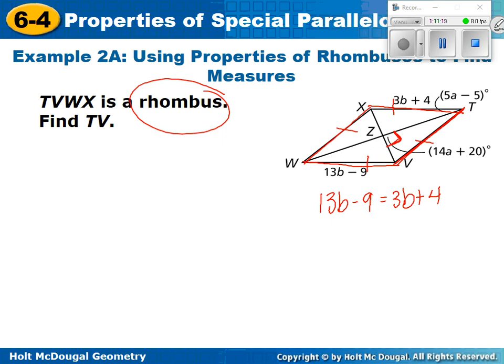Okay, so go ahead and solve for B. And I'm going to work it up here on the board while you're working it.